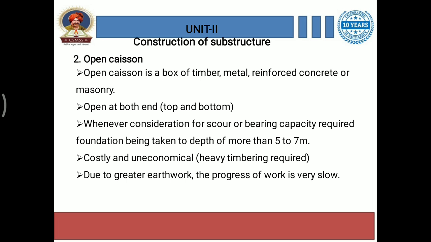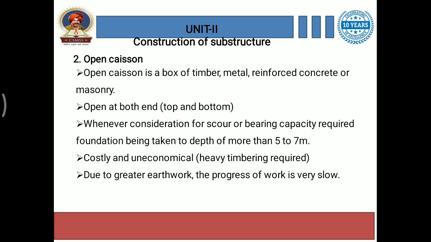So it is open at top as well as at bottom. Open caissons are again made of timber, metal, reinforced concrete or masonry. These materials used for making caissons are similar in box caisson as well as in open caisson.